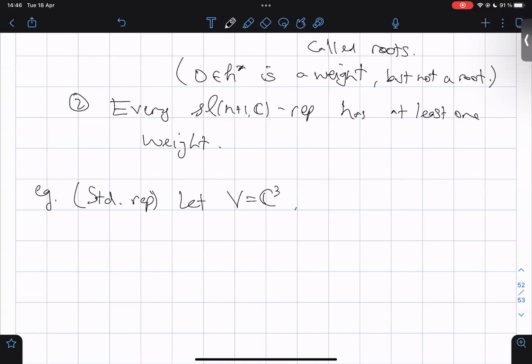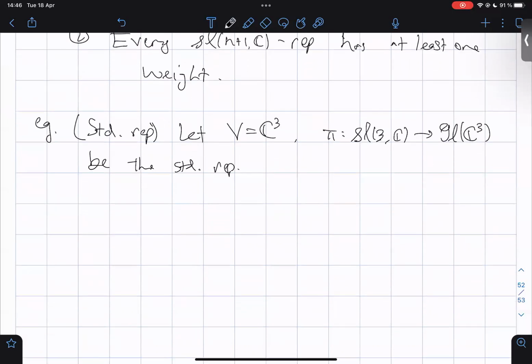Let V be C3 and pi from SL3 to GL of your vector space be the standard rep. We'll take the usual basis E1, E2, E3.